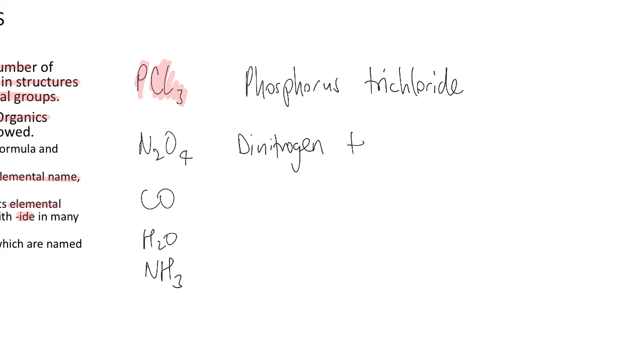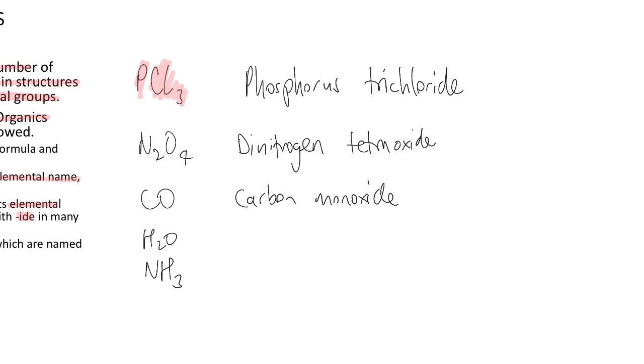And then it's tetra because it's 4, oxide: dinitrogen tetraoxide. Then we have carbon monoxide.